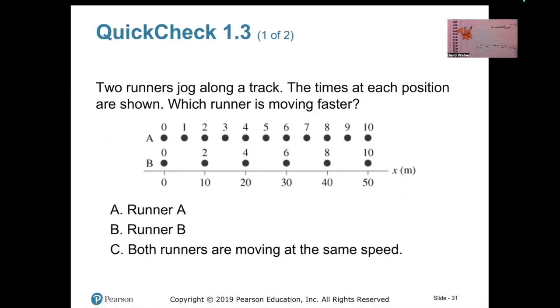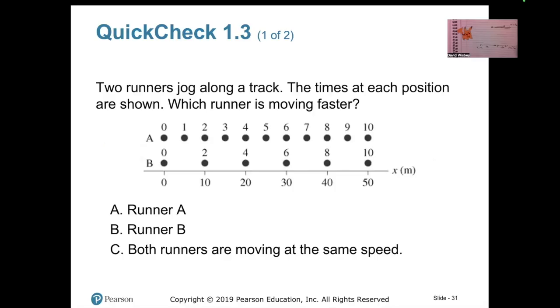Okay, two runners jog along a track. The times at each position are shown. Which runner is moving faster? It looks like in part A, there are a lot of dots.